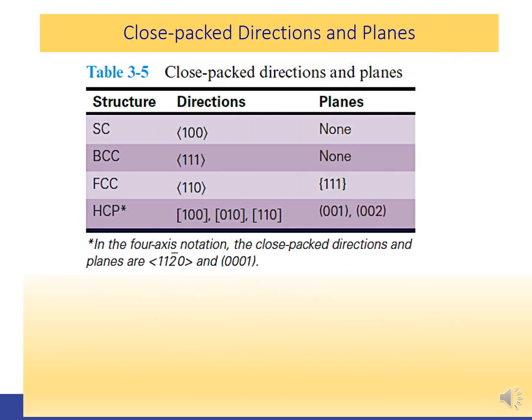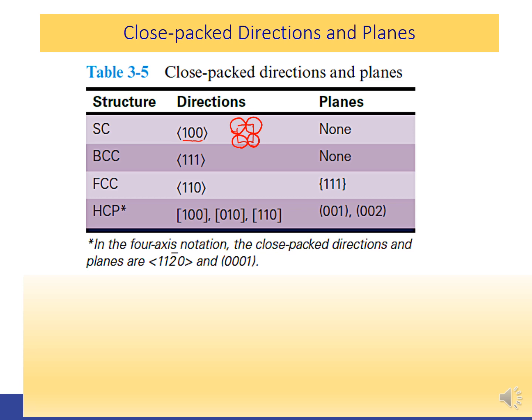Let's summarize the close packed directions and planes in different crystal structures. First of all, in the simple cubic structure, SC structure, the close packed direction is the 100 direction. So that is the edge of the simple cubic. All of the edges belong to the 100 family.